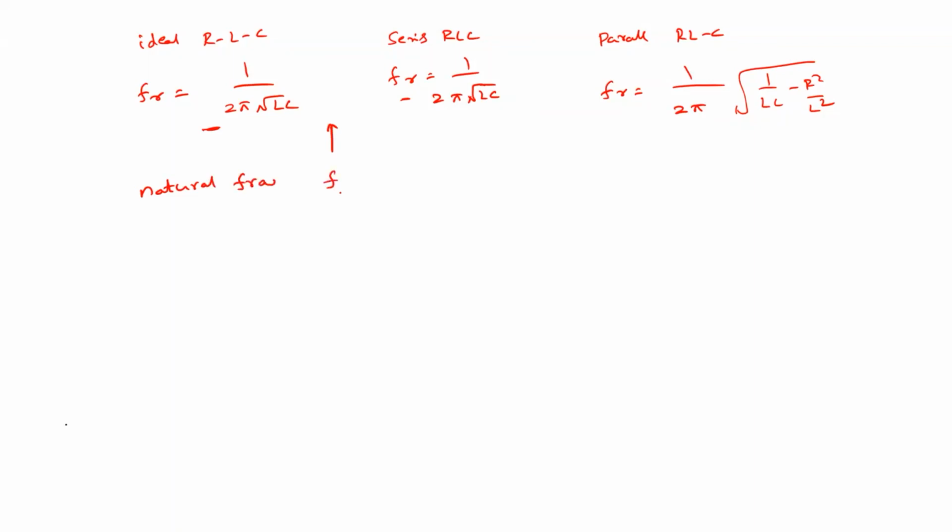Most of the time we denote it with Fn. So this is known as natural frequency or natural resonant frequency. Whereas this one is sometimes represented as the forced resonant frequency.